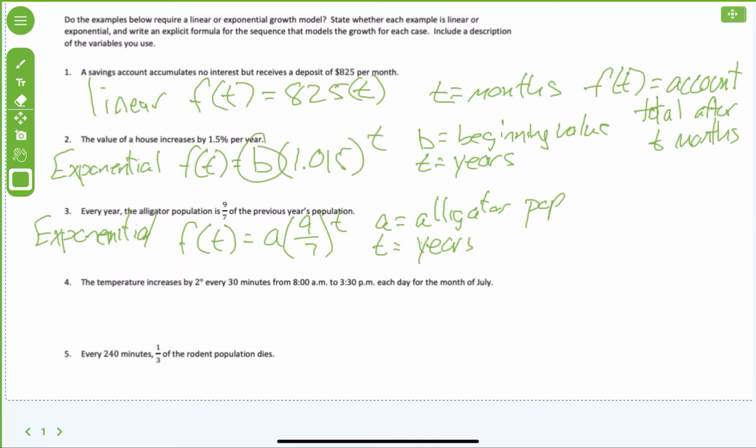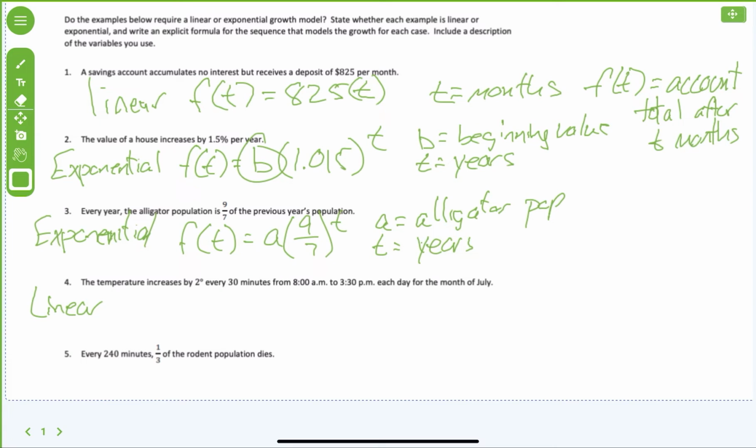Now, number 4 says the temperature increases by 2 degrees every 30 minutes from 8 a.m. to 3:30 p.m. each day for the month of July. Is this going to be linear or exponential? Linear. Good job, Jordan. Because does it matter what the degrees was at 7:30?